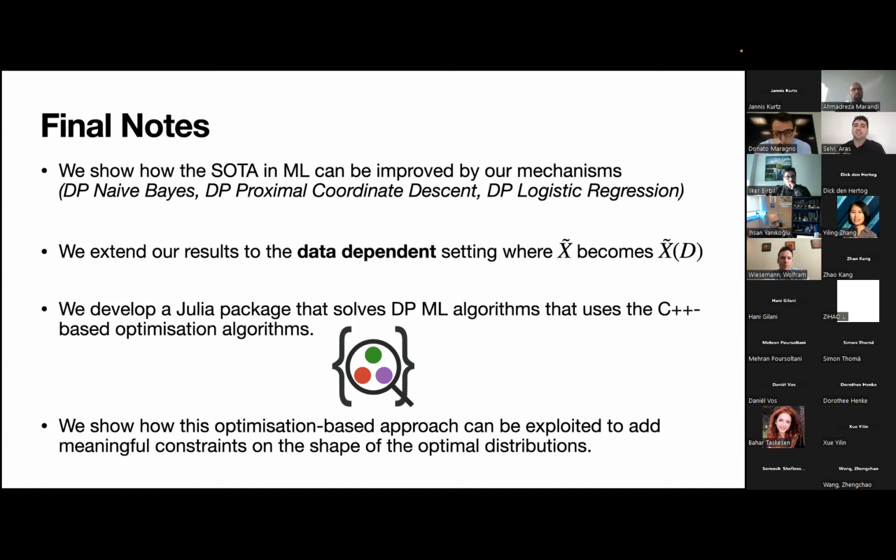But we extended to data-dependent setting where the distribution is also parameterized by the databases. Moreover, we also give a Julia software which implements these machine learning algorithms and by communicating with our C++ based optimization software. And we also add some realistic real-life constraints on the distributions, which is an advantage of our optimization-based formulation, because in the literature, they first fix distributions.